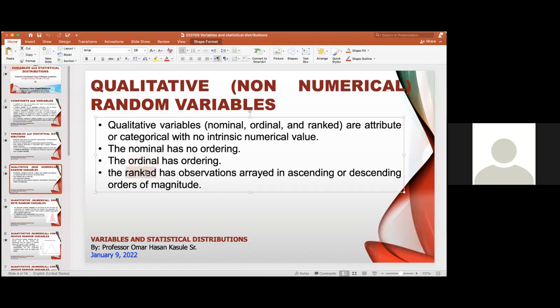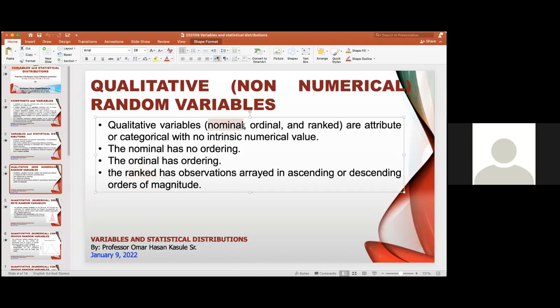Rank is when you describe a situation that you arrange observations in order. Like you say, people ran, and who was the first one, the second one, the third one in the race, a car race or a motorcycle race or a foot race. So the qualitative variables are 3 types, as we said.